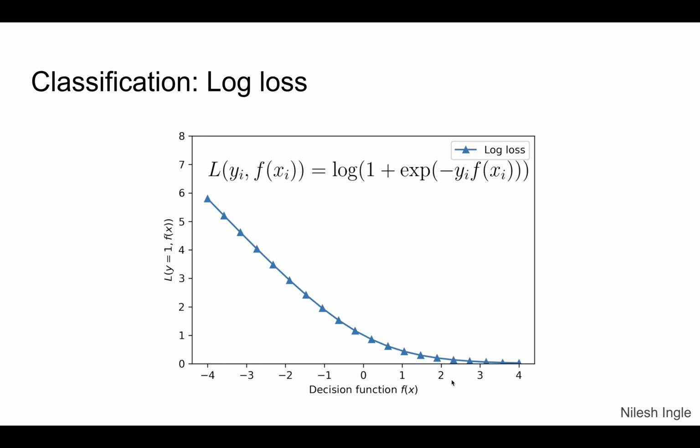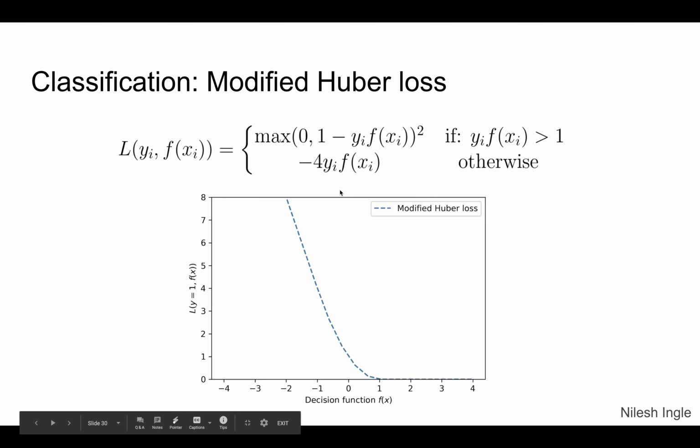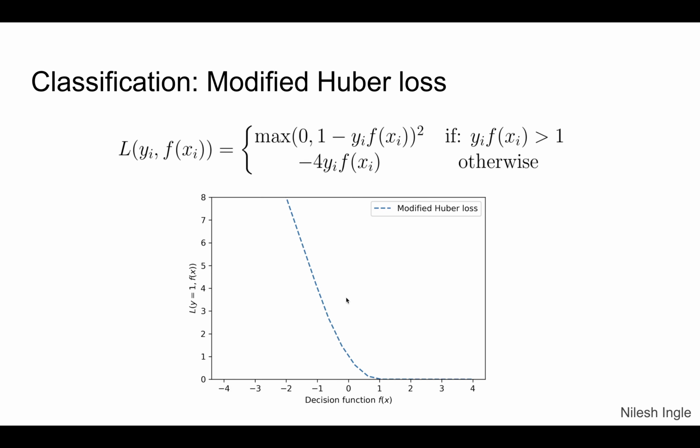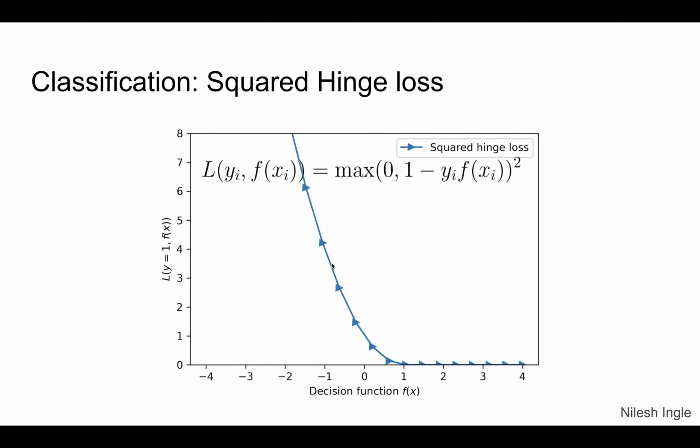Here we have the modified Huber loss, which is given by this equation, and this is the shape of the curve for that. For squared hinge loss, it's the squared value of the hinge loss that we saw earlier, and the shape of the curve does change, as we can see in this particular plot.